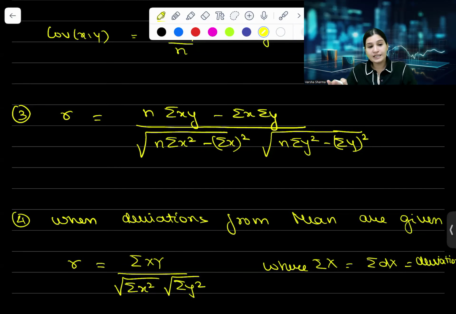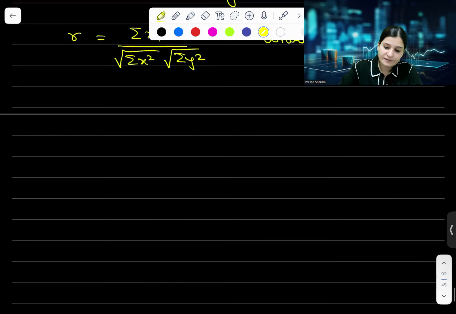So if the question tells you that it has given deviations and not the actual values, then you can directly apply this formula. We'll try the sums with all of them. Whichever you feel comfortable with, whether you use 2 or 3, that is your call. The fourth can only be used when the question gives you deviation. Okay, we'll try with each of the methods.